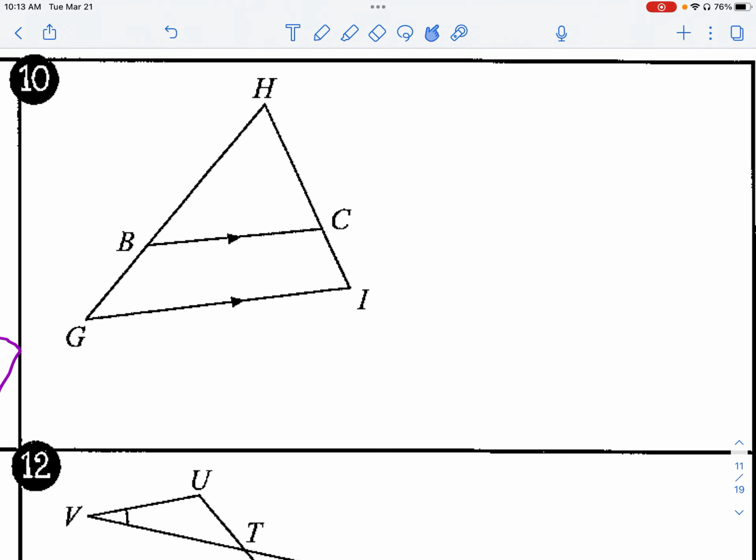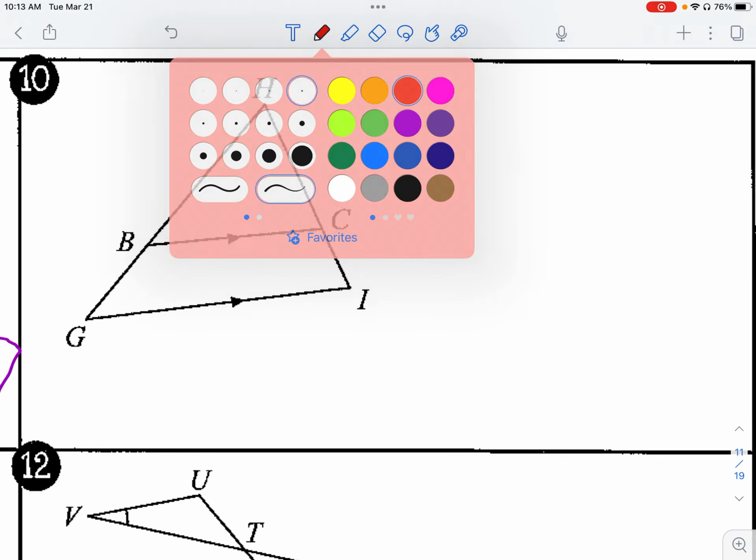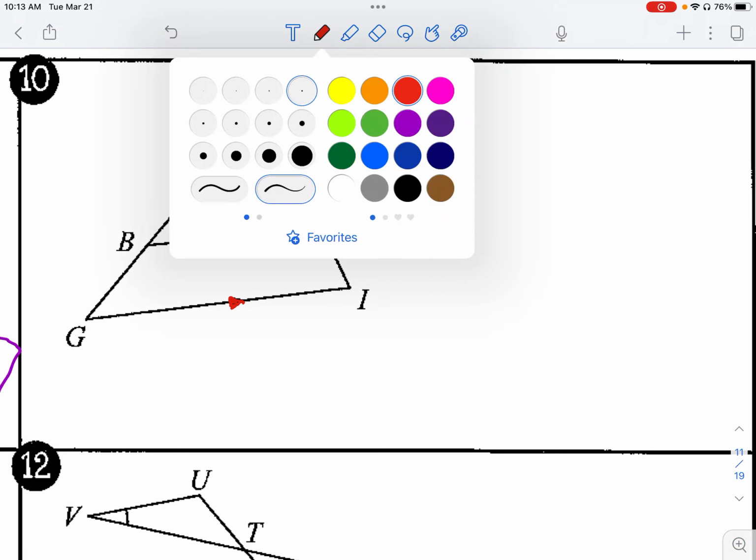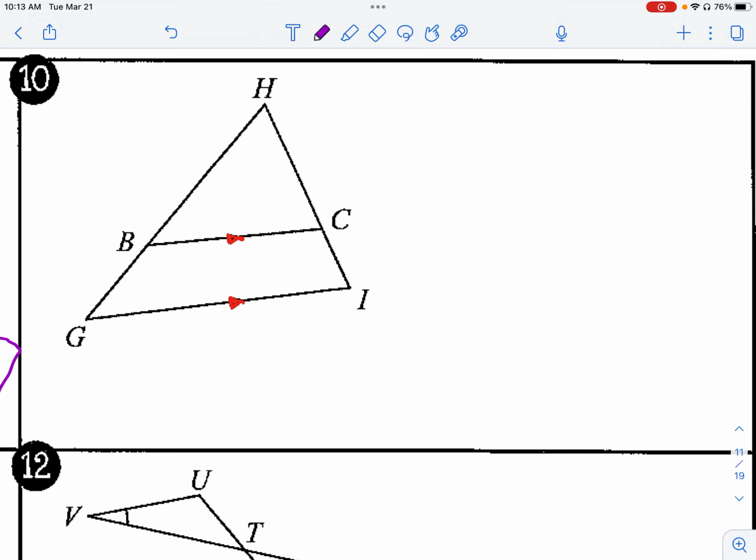All right, so here, once again, we got parallel lines. So that is usually pretty good information for us. And we know we're looking for angles. So here and here are our corresponding angles. Here and here, it's another set of corresponding angles. This one was far too simple. It's angle, angle. So let's write our congruence statement.